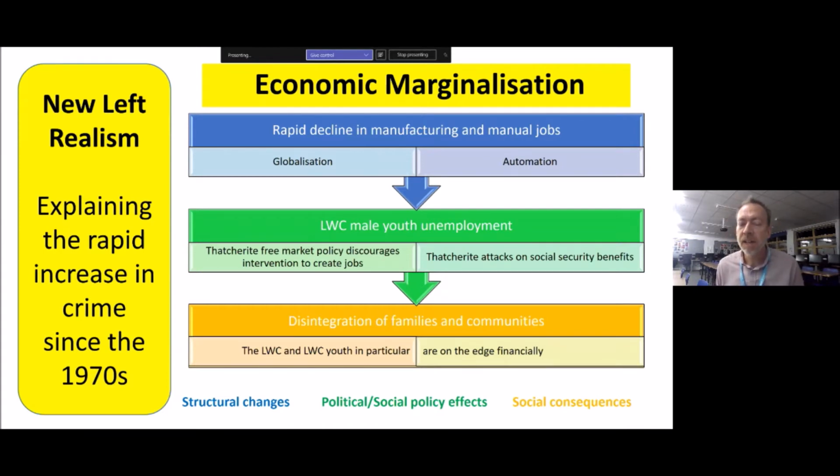So if you're reliant on benefits, you get poorer. Now, as this economic marginalisation grows, it leads to family breakdowns, community breakdowns, and the family and the community was traditionally the way that crime was held in check. When they break down, it allows crime to grow. So that's just one example of something that we might look at in crime and deviance.